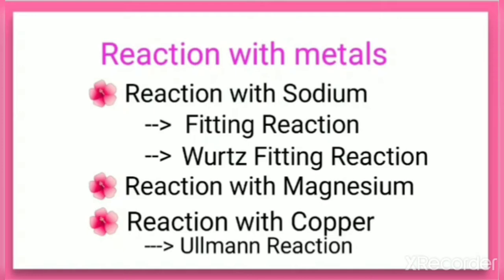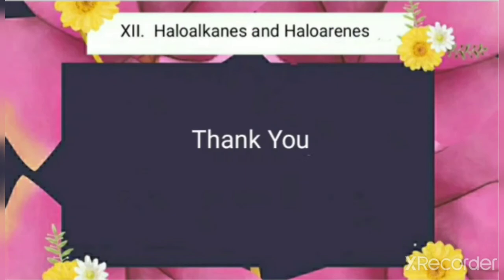And we discussed the reaction with magnesium, that is the formation of Grignard reagent. And we also discussed the reaction with copper, that is called the Ullmann reaction. So all of you go through these equations properly. As I told you, all the name reactions you have to list out on one or two papers, so that it will be better to learn all the name reactions together.